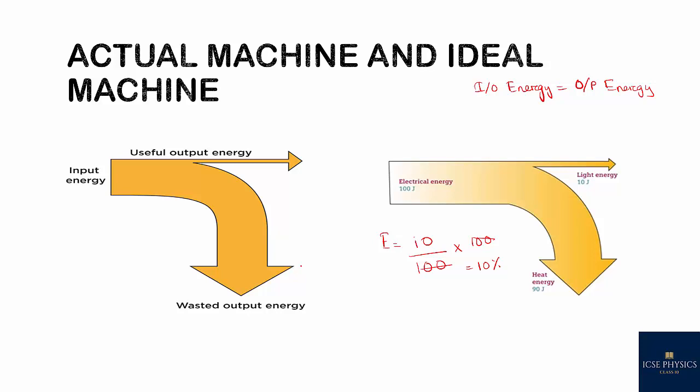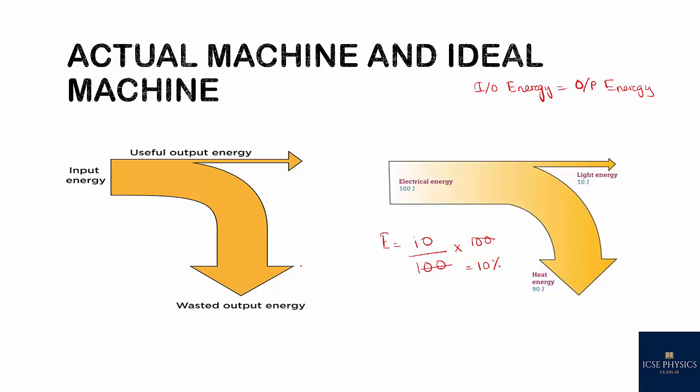So in an actual machine, there may be energy loss due to the following reasons. Maybe due to moving parts which are neither weightless nor smooth. Then there may be a string in it which is not perfectly elastic. Maybe the parts in it are not perfectly rigid.